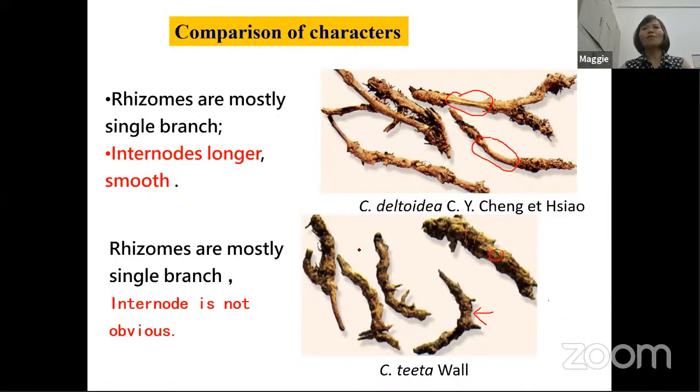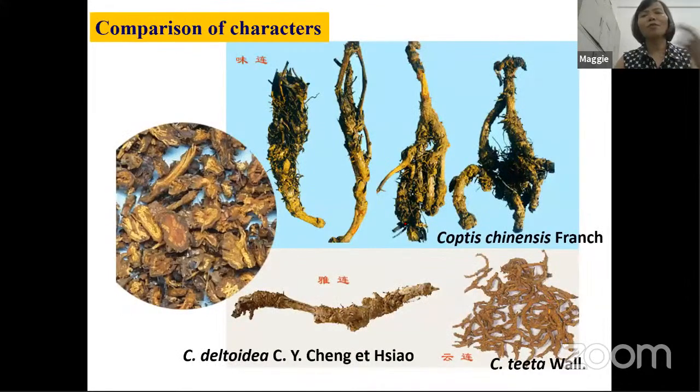So there's a difference among the three species rhizome. We put the picture together to compare. So the first one, the upper picture, is Coptis chinensis rhizome. So we can see this rhizome usually mostly branched. Do you think so? This picture, it looks like what? I think it's like chicken feet. So in Chinese it is chicken feet Coptis.